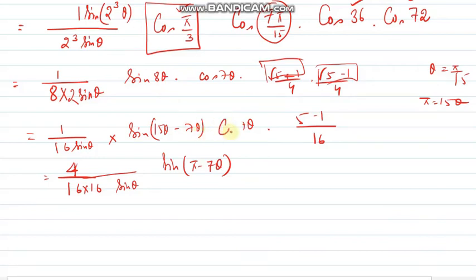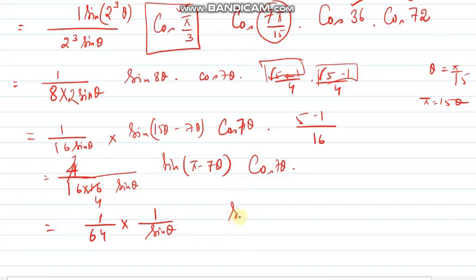So this will be cos 7 theta, sine of pi minus 7 theta, cos 7 theta. This cancels out, so 1 divided by 64 into 1 by sine theta, sine pi minus theta in the second quadrant, so sine 7 theta, cos 7 theta.